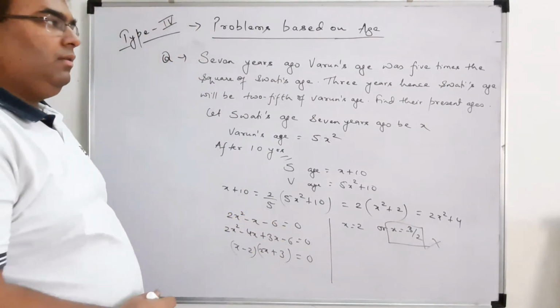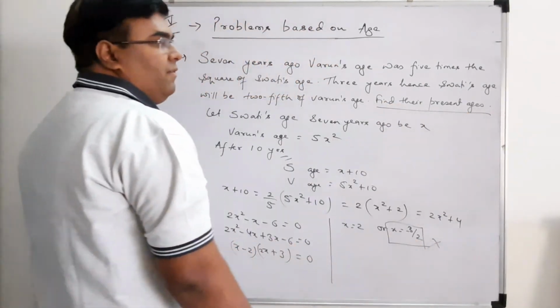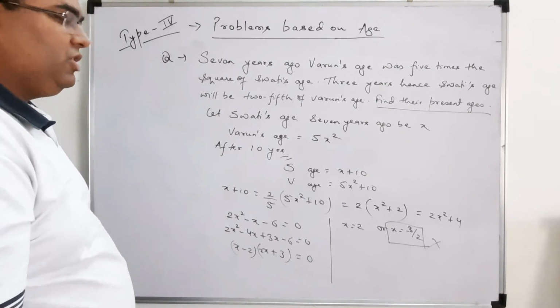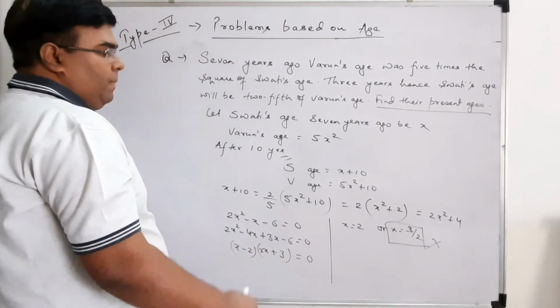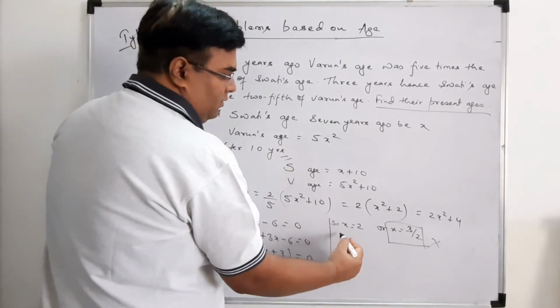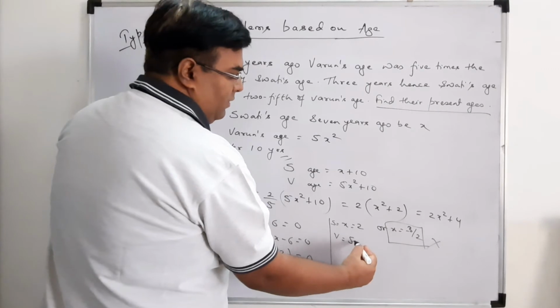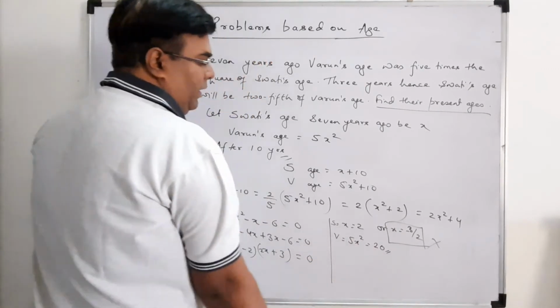Now this is not our answer. The question was to find their present ages, right? So Swati's age was 2. What was Varun's age? Varun's age will be 5x square, which is 20.